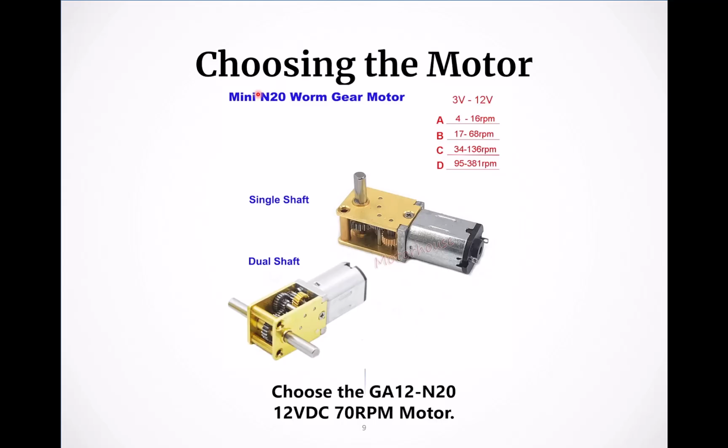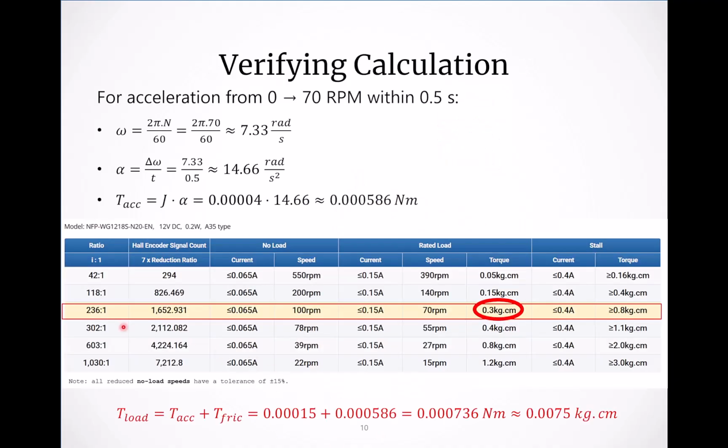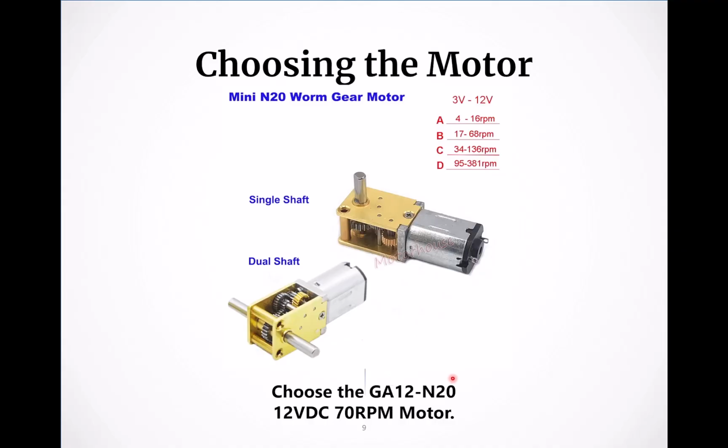usable or not. So we chose the N20 worm gear motor with a ratio of 236:1 to minimize the backdrive, and the numbers will be slightly different as we buy from different sellers and different data sheets. So we will take the mean value, which is 70 RPM.